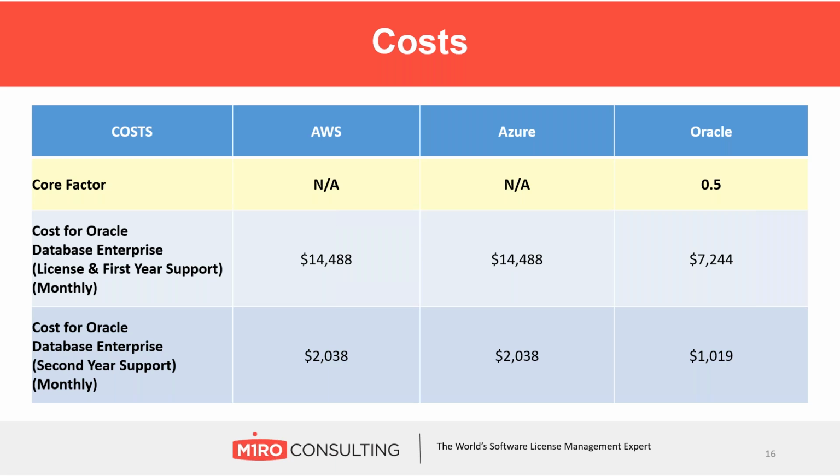Right? If you are using existing licenses and just paying support, you can see that the numbers again are fewer, right? But they are halved by Oracle, and that is largely, primarily due to that core factor.